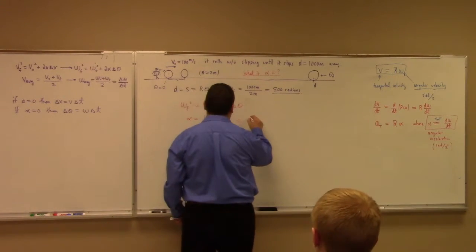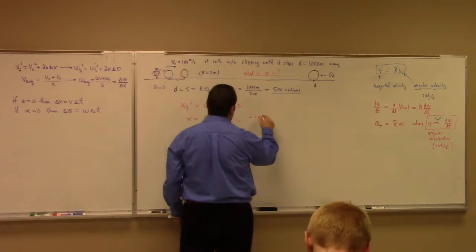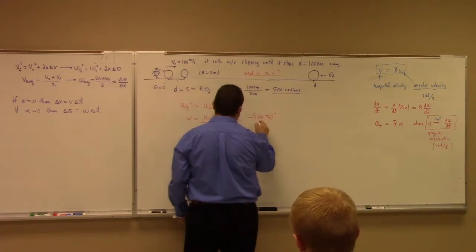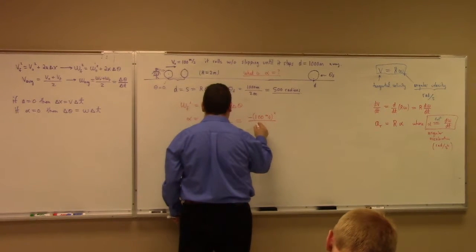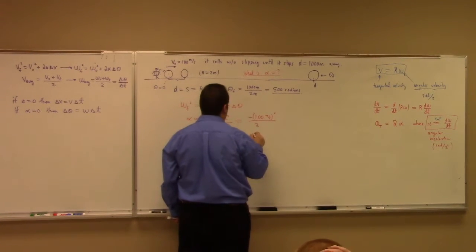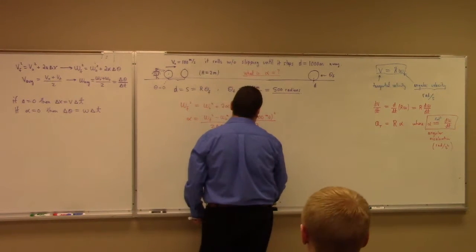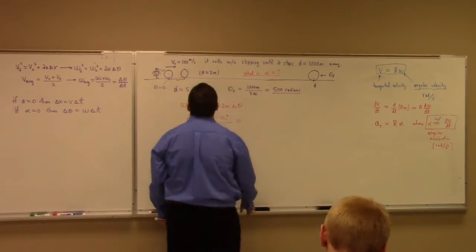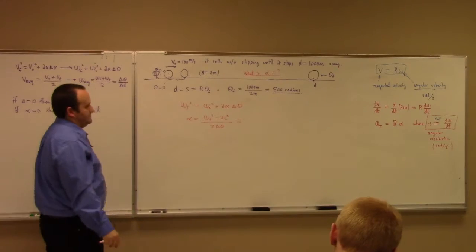So I get minus 100 meters per second quantity squared divided by 2 times. Oh, I'm an idiot. Don't believe that. What is omega naught?